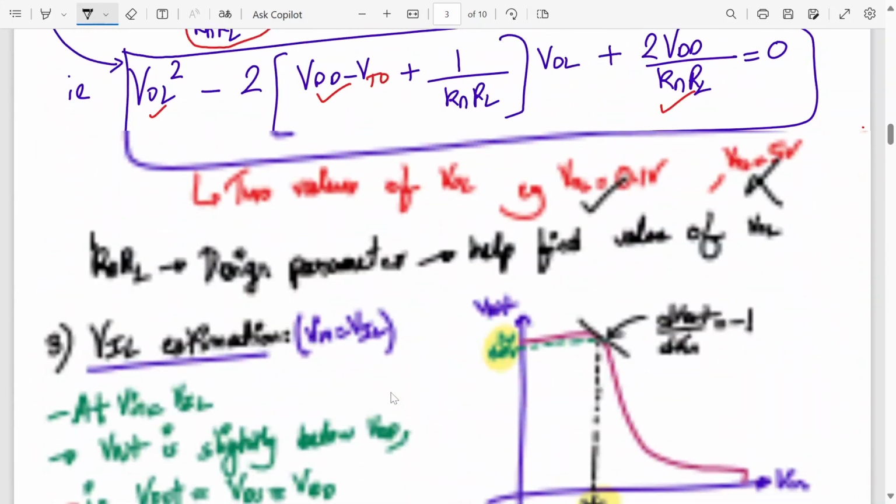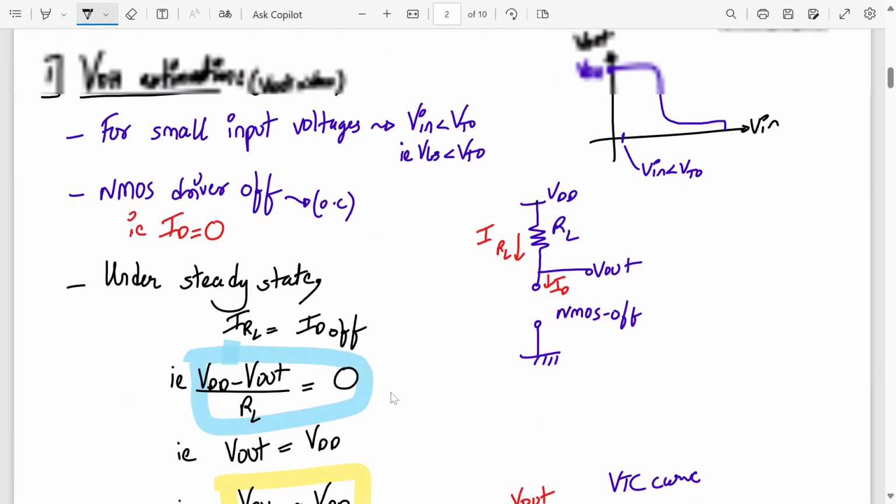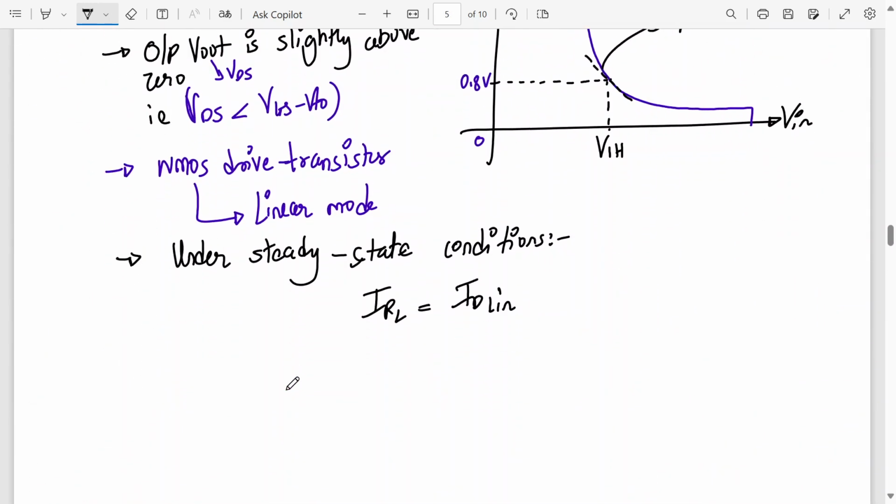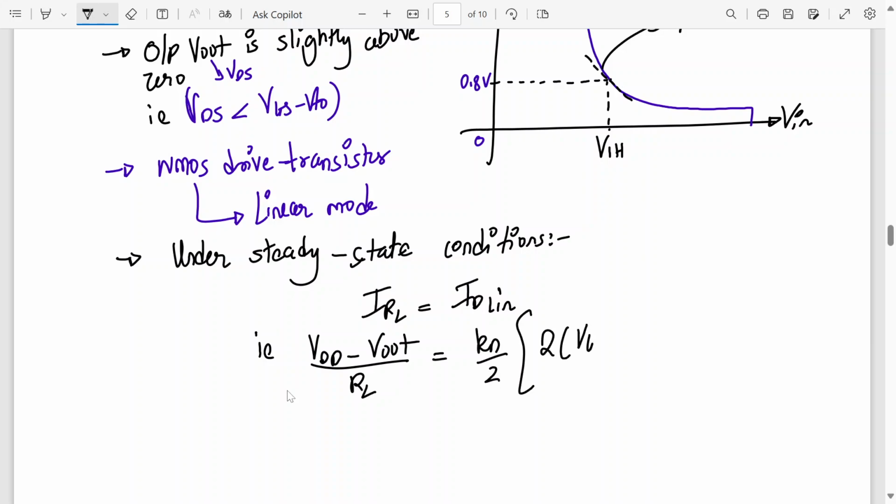From the circuit diagram it is VDD minus V out upon RL. So VDD minus V out upon RL is equal to Kn by 2 into twice VGS minus VTO into VDS minus VDS square.